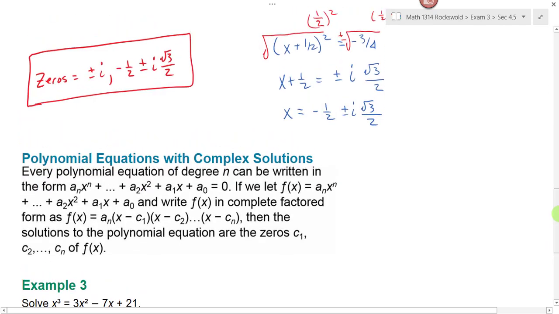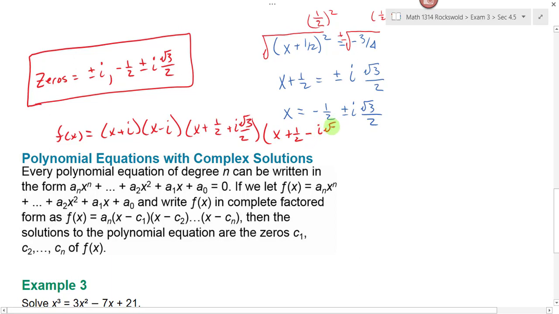If I would have asked you to write out this polynomial with these complex roots, we would have written f of x equals x plus i times x minus i times x plus 1/2 plus i square root of 3 over 2 times x plus 1/2 minus i square root of 3 over 2. This is how I could write my polynomial function in example 2 as a product of linear factors. But I didn't ask you to do it on that problem, but you may see it on a homework problem.